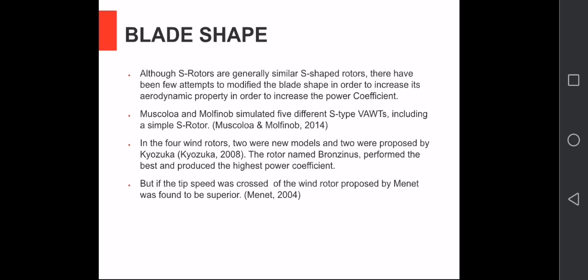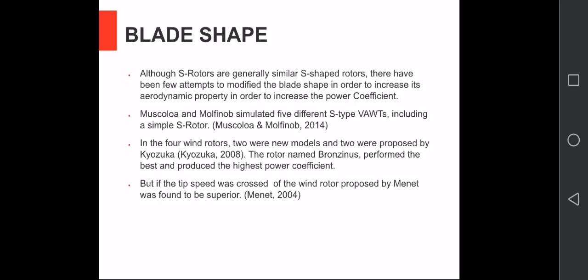In his paper, he argued how a Brozonius rotor would perform the best in low wind current situations, but he also mentioned that when the power output is increased, the Brozonius rotor would not be sufficient.